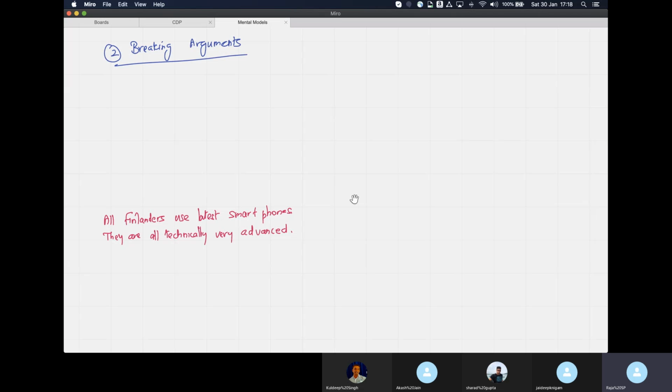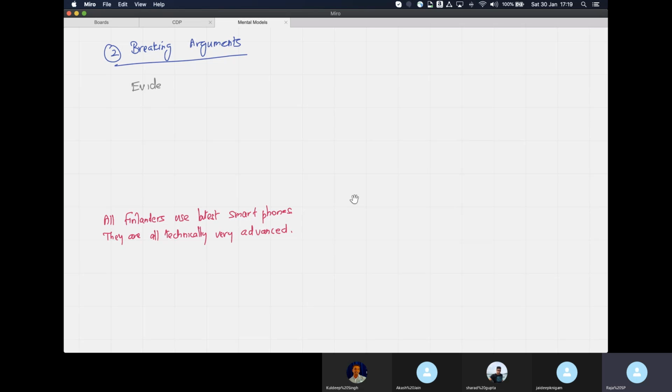So let's take the example that I have given here. All Finlanders use the latest smartphones, and therefore they are all technically very advanced. So this is an argument somebody is making. Now, you can see in common life, we make statements such as this all the time. And if you dissect this particular statement, you will understand the building blocks of an argument. So the very first building block of an argument is what we call an evidence.